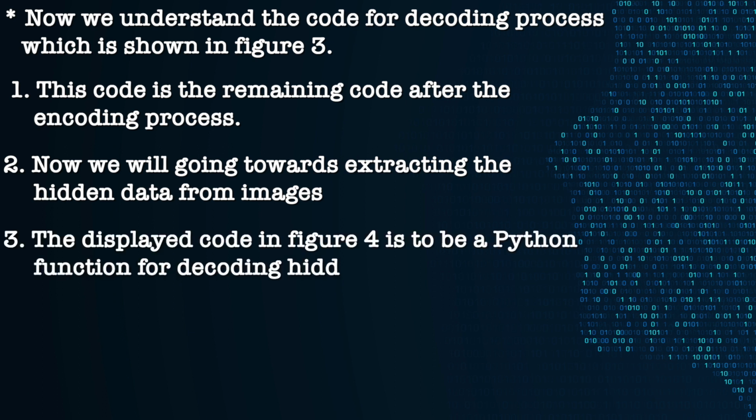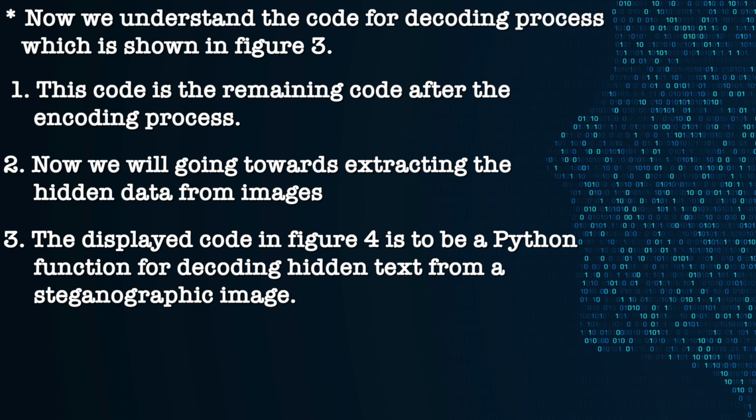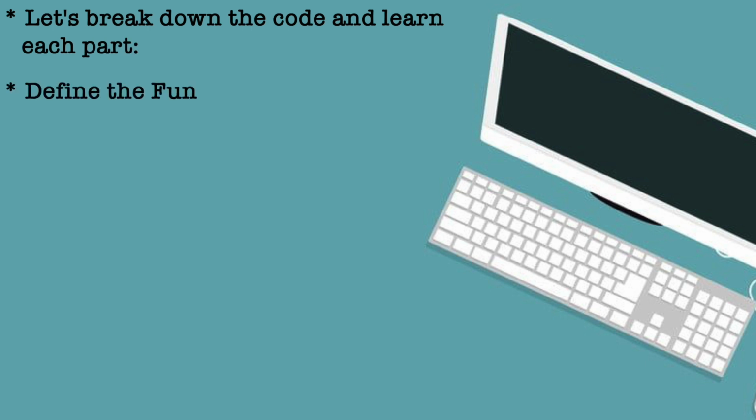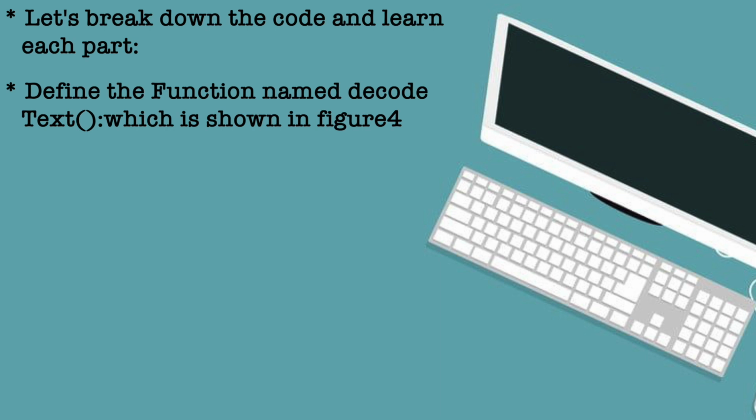The code displayed in figure 4 is a Python function for decoding hidden text from a steganographic image. Let's break down the code and learn each part. Define the function named decode_text, which is shown in figure 4.